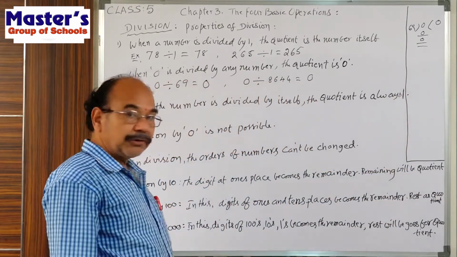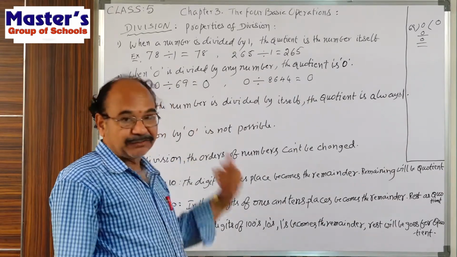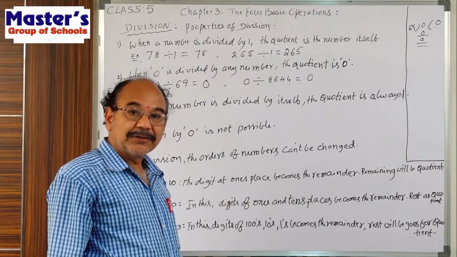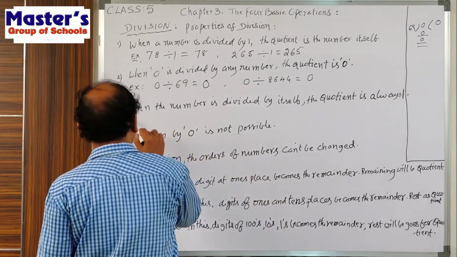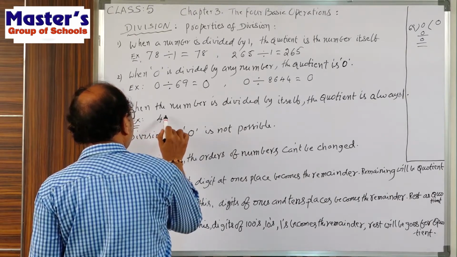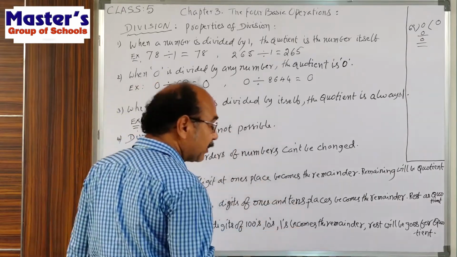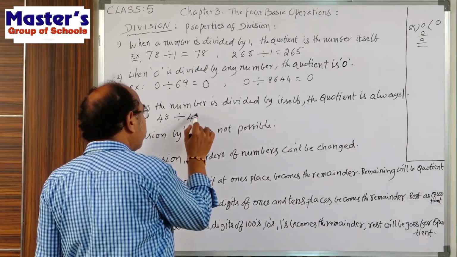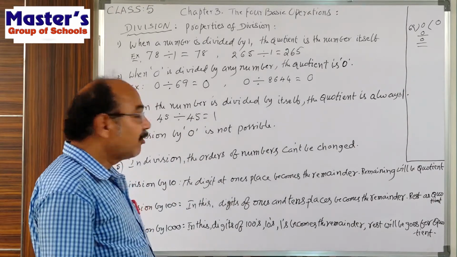So you take one number and divide it with itself, and you see what the quotient is. For example, take 45. Divide 45 with 45. How much? 1. 45 ones are 45.